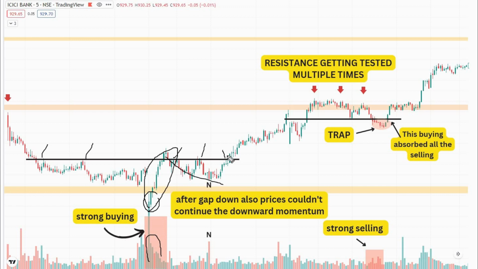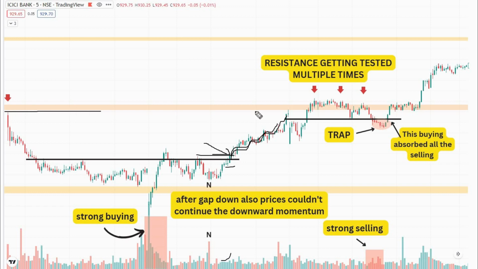And here also they tried twice to push the prices towards the downside, but what happened? Eventually with increase in volume, prices broke this level and continued the upward momentum. So there is our first entry, SL here. Okay, and our first probable target should have been around this level.